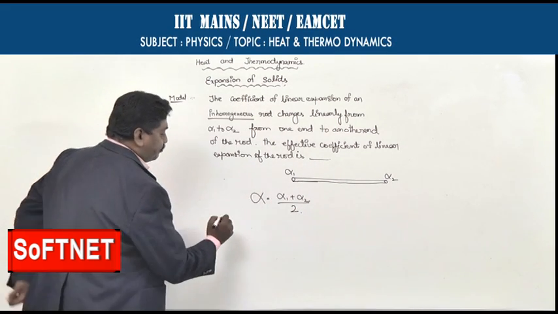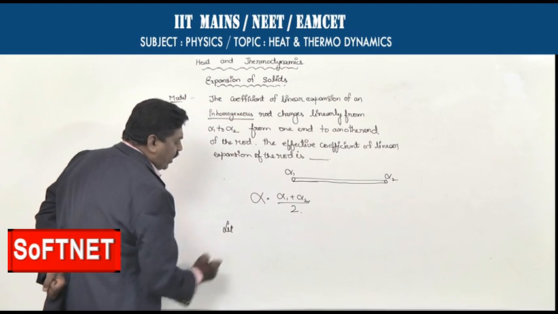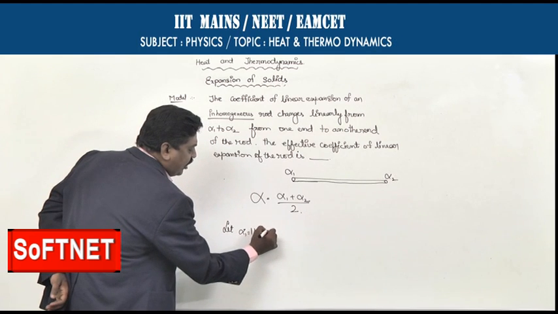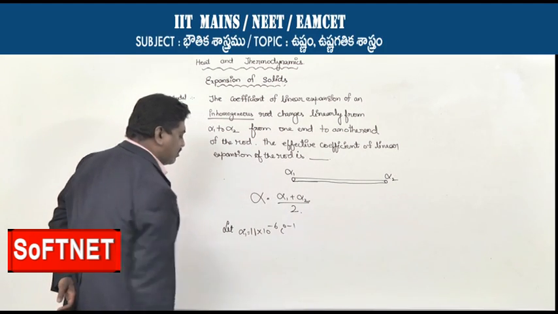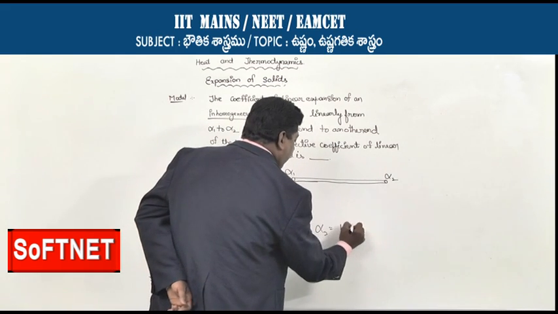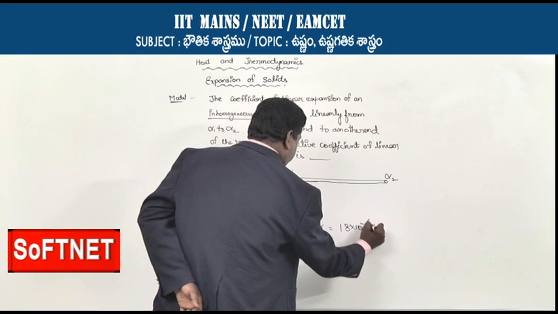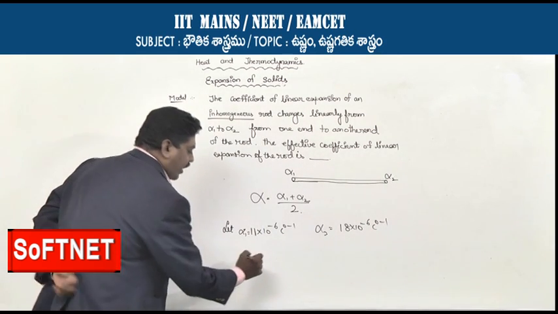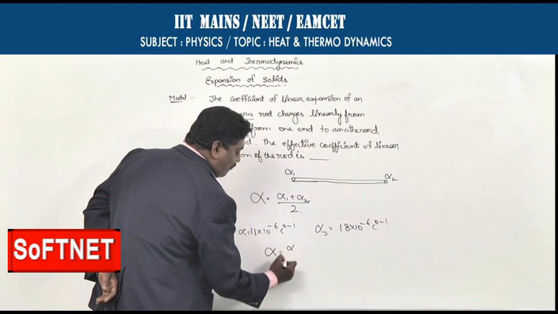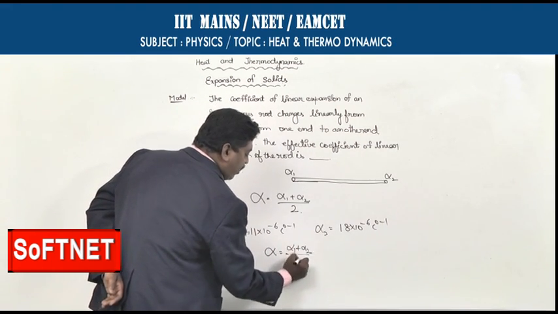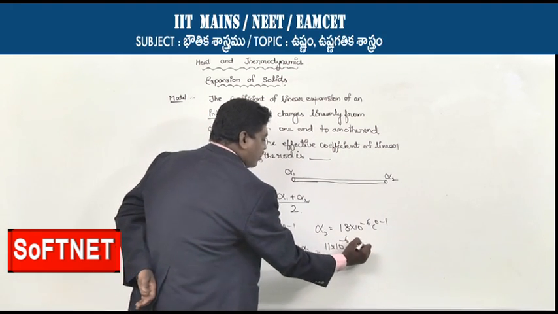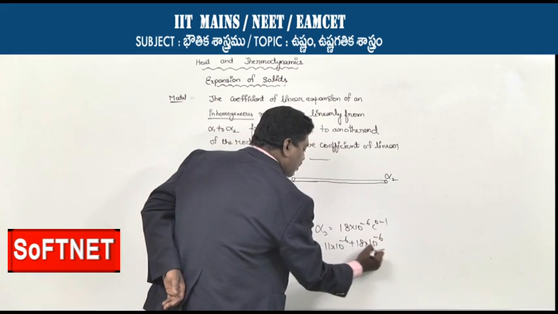For example, let one end is having the linear expansion as alpha 1 equal to 11 into 10 to the power of minus 6 per degree Celsius, and other end is having alpha 2 as 18 into 10 to the power of minus 6 per degree Celsius. Then effective coefficient of linear expansion is given as alpha equals alpha 1 plus alpha 2 by 2, implies 11 into 10 to the power of minus 6 plus 18 into 10 to the power of minus 6 by 2.